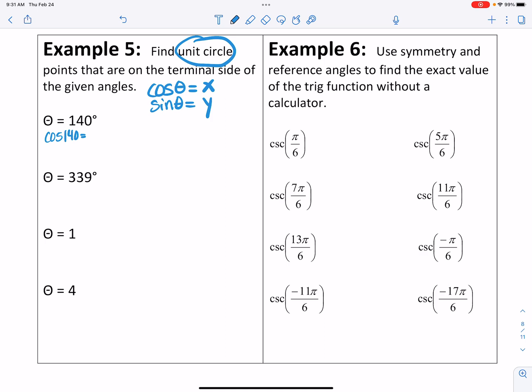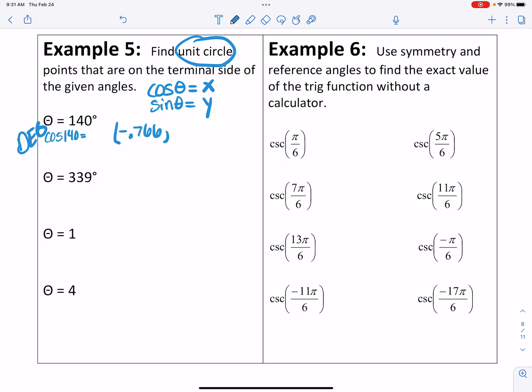I'm going to look in my calculator right now, and I can't show it to you because it doesn't allow me to do that, but up in the right-hand corner, it says DEG. So these are degrees. So I'm literally just typing the cosine of 140, and it tells me a negative 0.766.